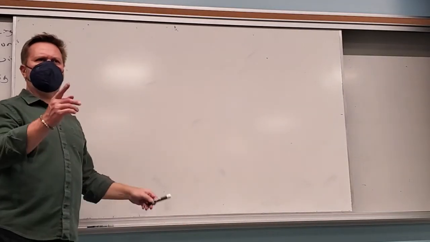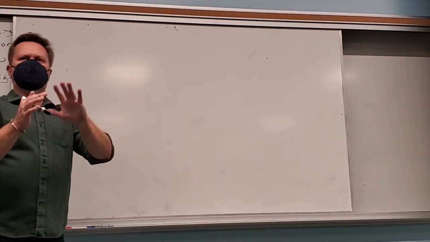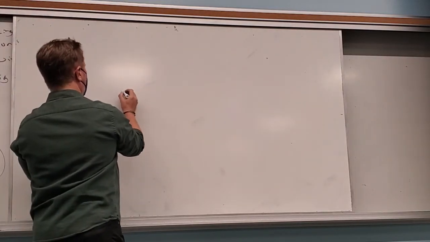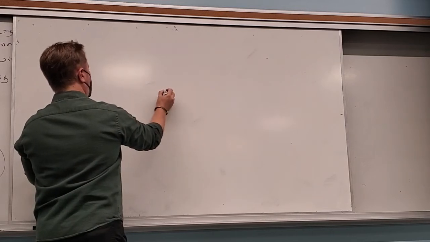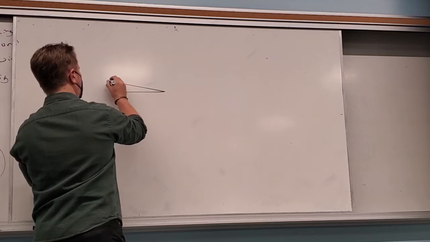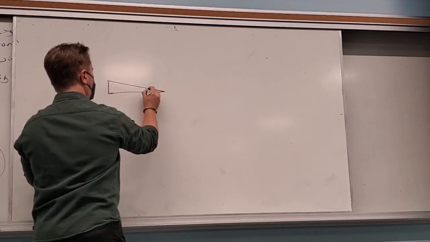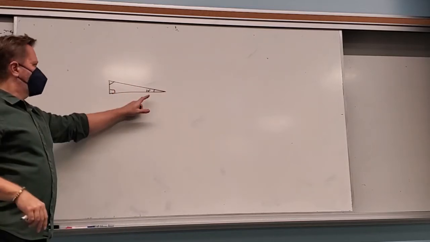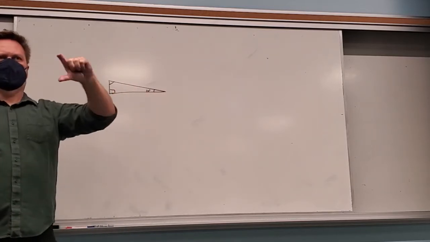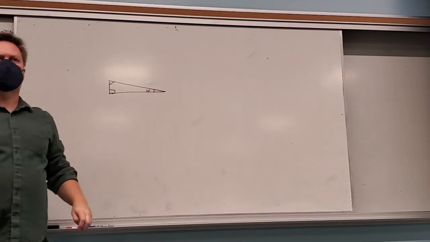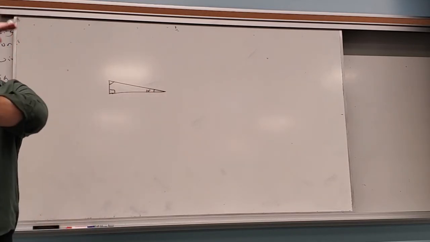Can you guys do me a favor real quick? For example, if I want to make a triangle with like 10 degrees in the base, I might do it like this. Try to make this really tiny. Can you draw a triangle that has 60 degrees right there? So it's going to be bigger than 45 degrees.